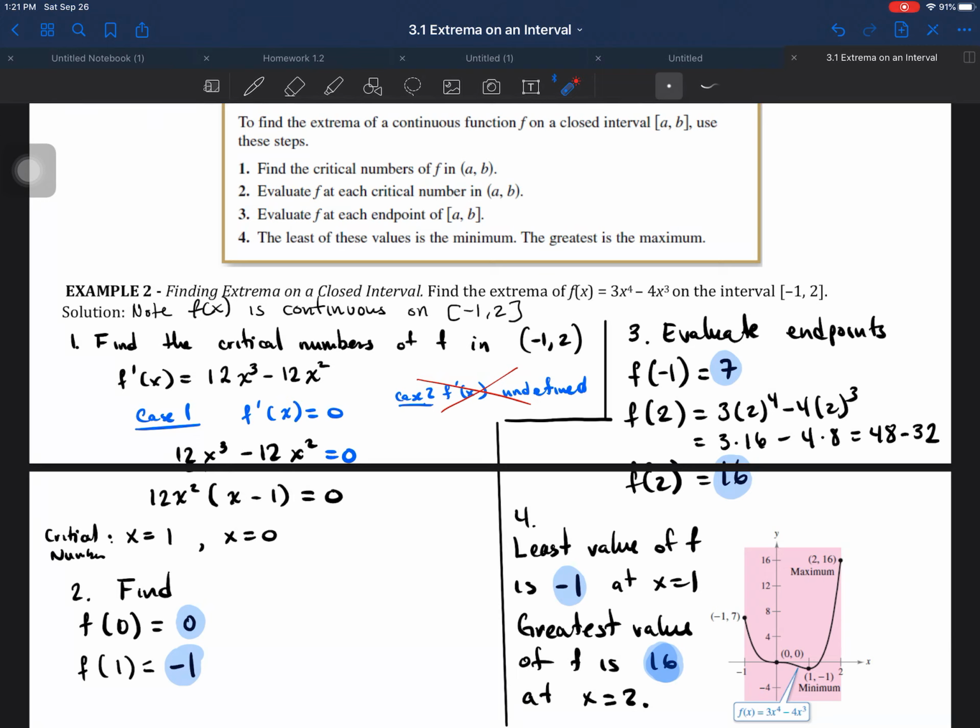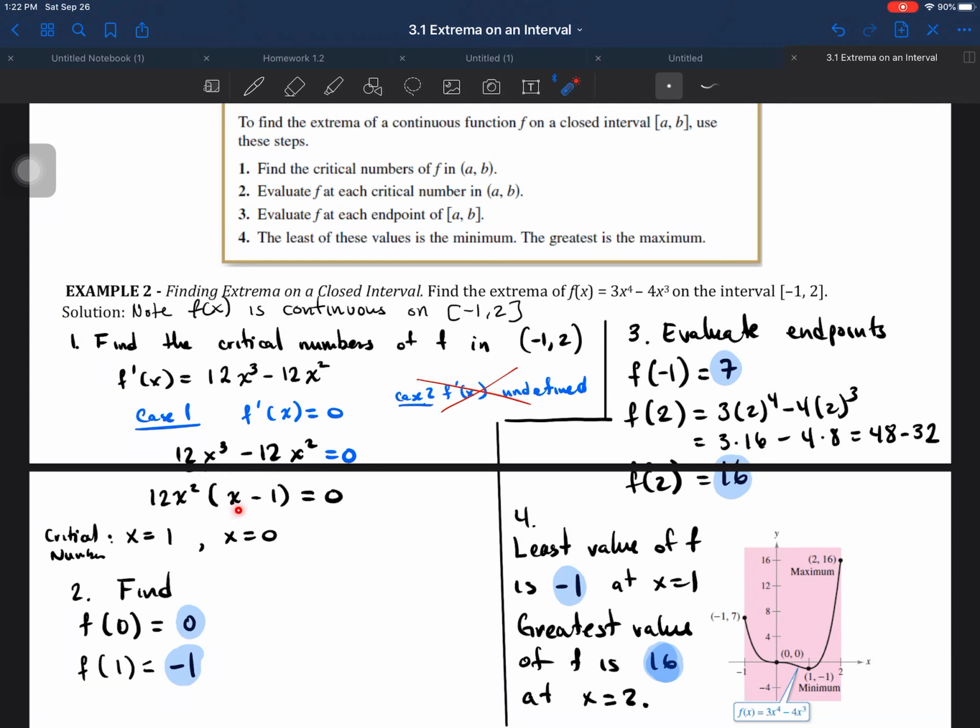So find the x value. If you find the x value, you have found the location of this critical number. So let's set this equal to 0. For x, we notice that both terms have a 12 and x squared as a common factor. So we're going to factor that out.